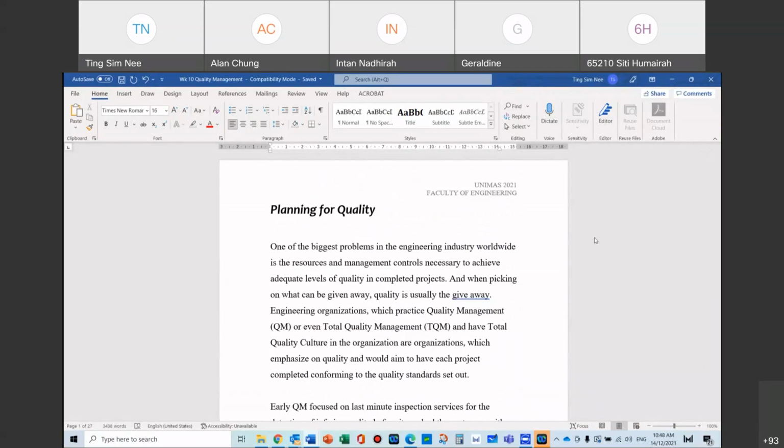Okay, a little bit of housekeeping. Today we're going to do project quality management. Your classes are actually quite on time. The issue is, this is a new course plan whereby we are not supposed to be teaching you anything on contract and legal matters.